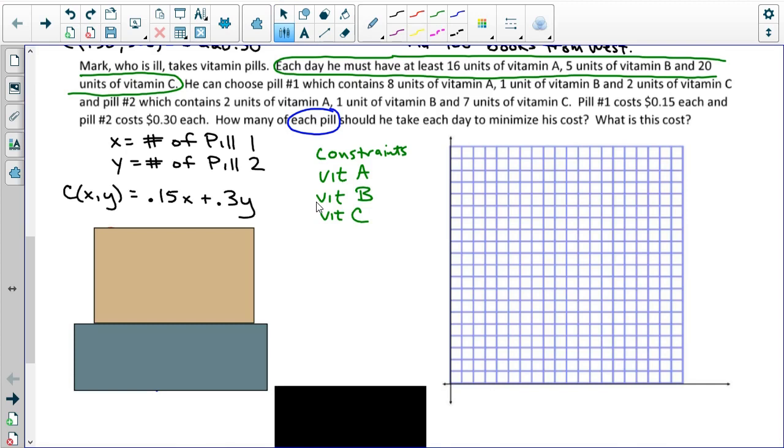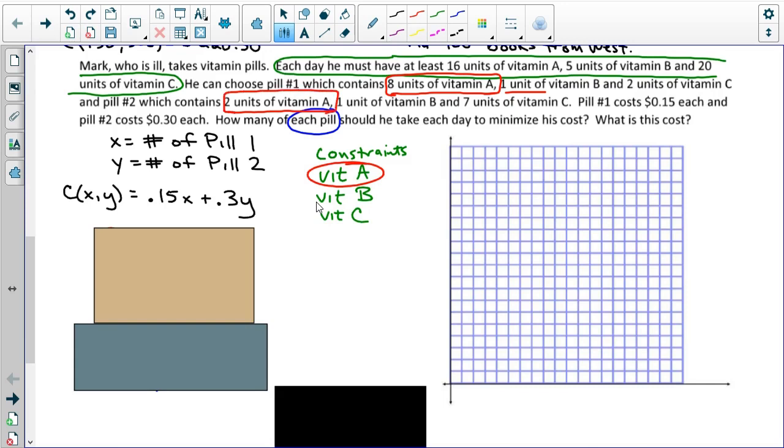Now, if I notice, pill 1 takes 8 units of vitamin A and pill 2 takes 2 units of vitamin A. So if I'm thinking about vitamin A, pill 1 has 8 units, pill 2 has 2 units.